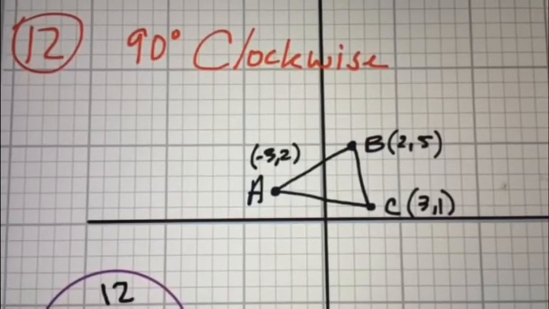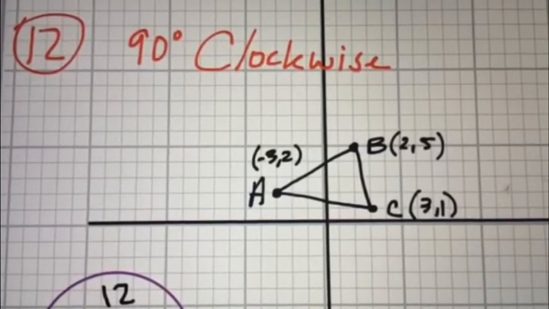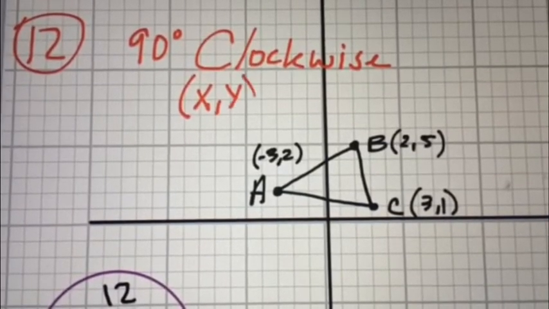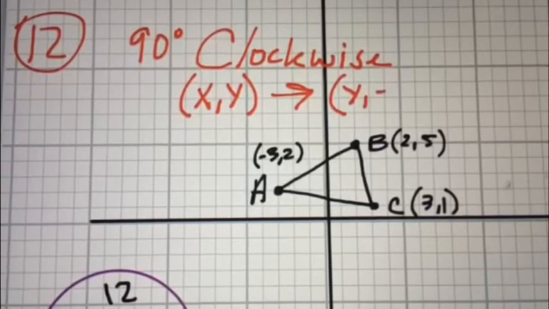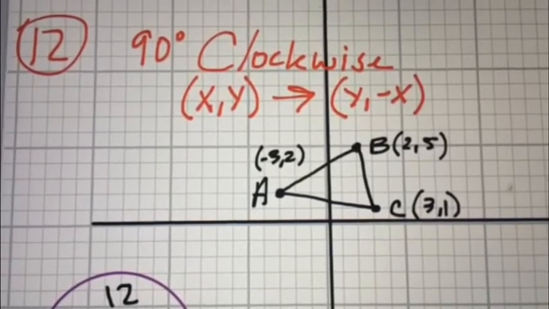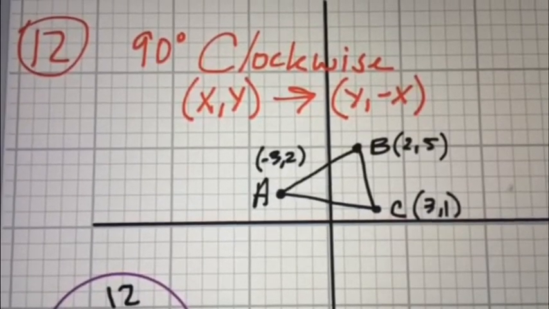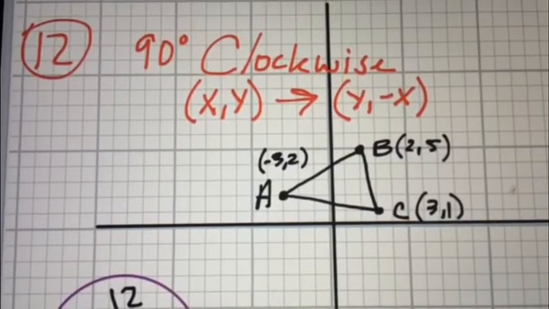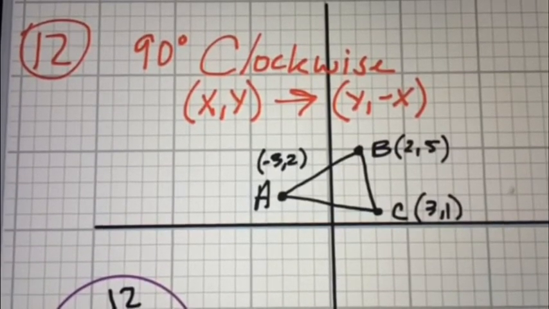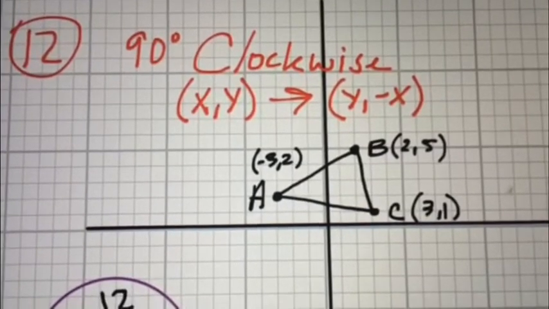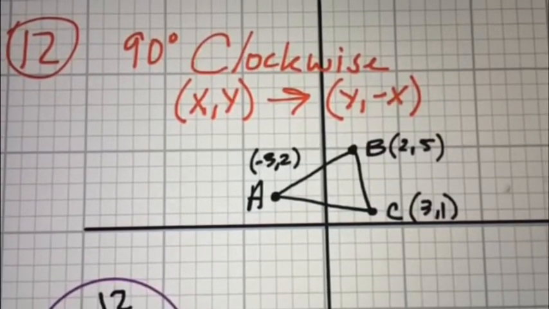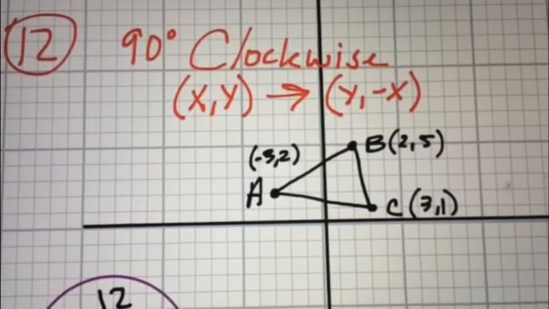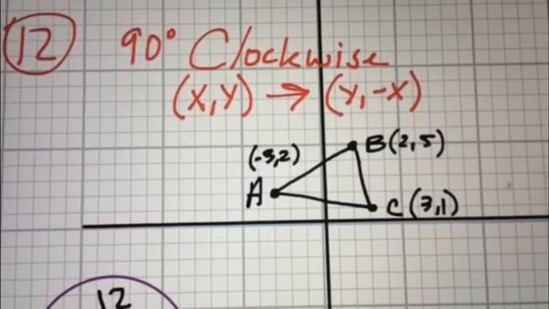And the mathematical way to do it is by knowing the formula, which is (x, y) changes to (y, negative x). So the original point (x, y), when we rotate 90 degrees clockwise, the two numbers switch places, y and x. And remember, the negative sign in algebra means that it becomes the opposite. So if x was positive, it now becomes negative. But if x was negative to start with, it actually becomes positive.